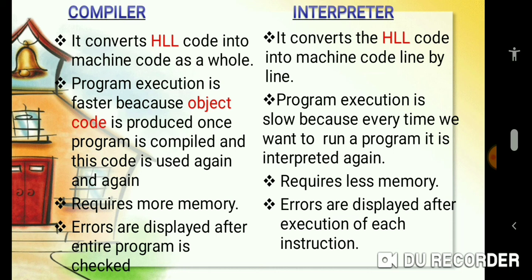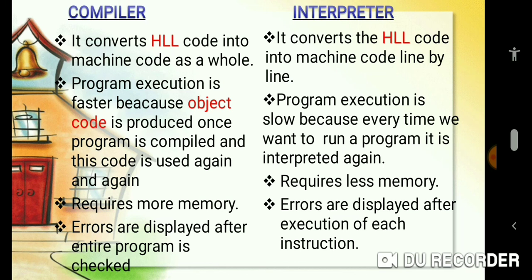So in compiler, execution is very fast, and it also produces object code which can be used again and again to run the program. But in interpreter, program execution is very slow, and whenever you have to run a program, it is interpreted again and again. So compiler requires more memory as it has to store object code, and interpreter requires less memory.